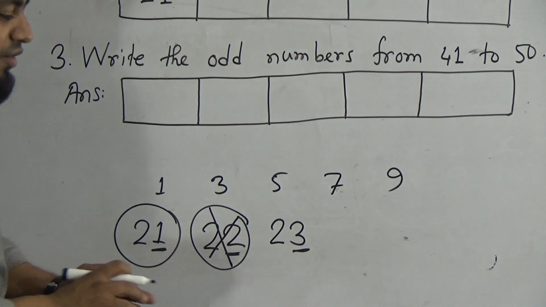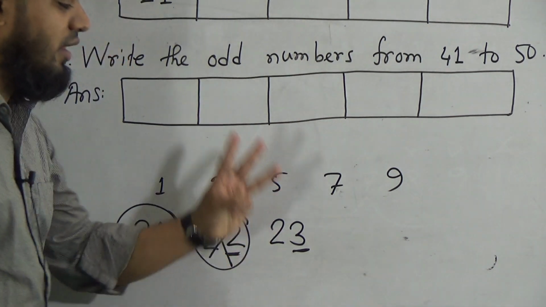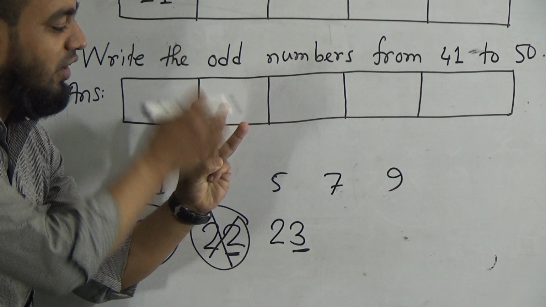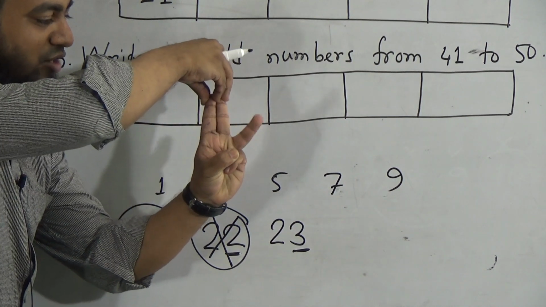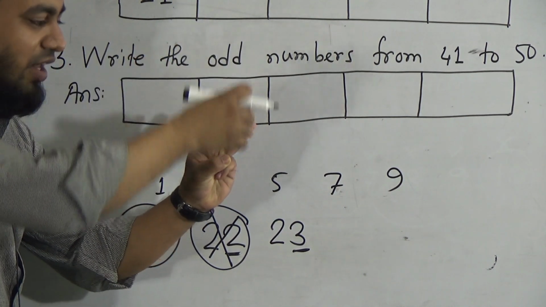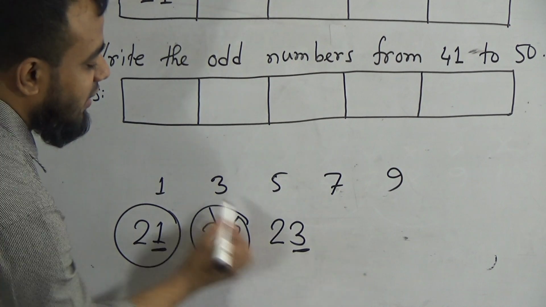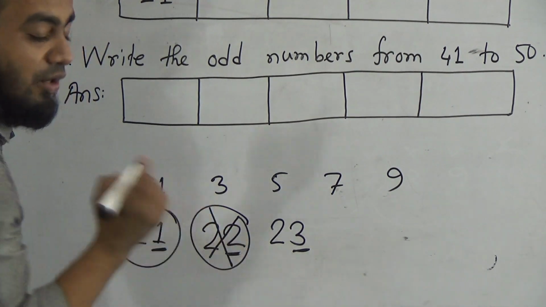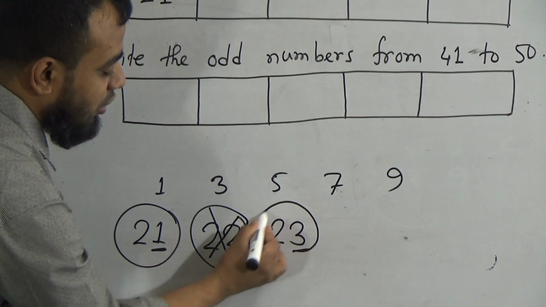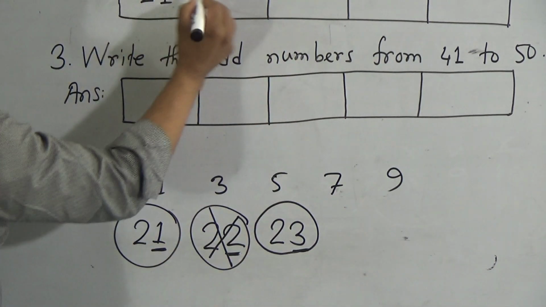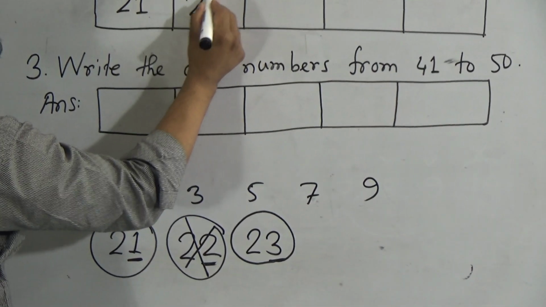We already know that 3 can't make a pair. Look at my finger. 1, 2, 3. 2 make a pair, but this one remains. So 3 can't make a pair. That is why 3 is an odd number, and 23 is also an odd number. That is why we should write down 23 in the next blank.